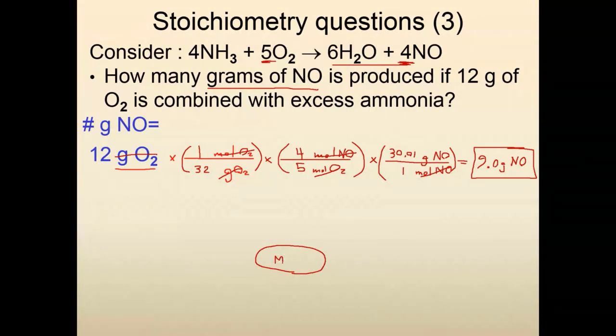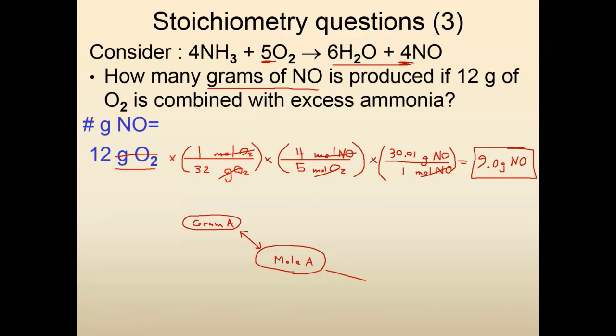I have to start with moles of a substance. We'll just say moles of A. If I have moles of A, I can do a lot of different things. I can convert to grams, but I can only convert to grams of the same thing, A.